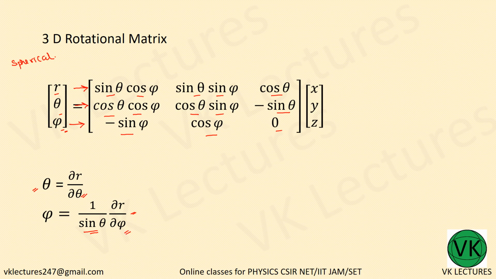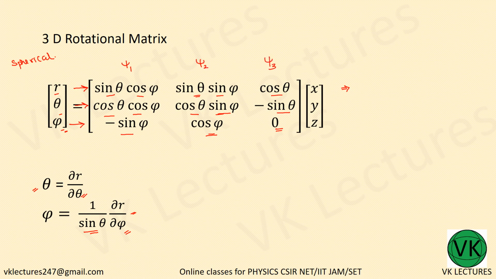So sin theta will go, and when you divide by sin theta you differentiate by phi. So cos phi will become minus sin phi, sin phi will become cos phi, and the last term is 0. So this is a three-dimensional rotational matrix.